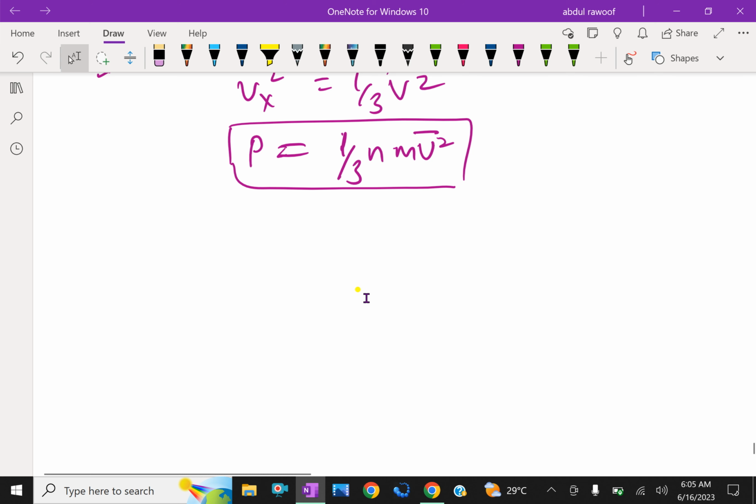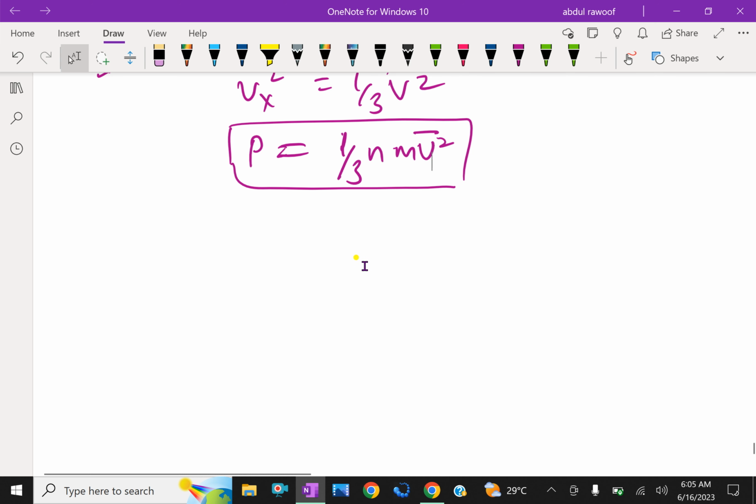Notice that both the area A and delta t do not appear in the final result. There is no area or volume in this formula. Therefore, for any shape, the average pressure is 1/3 n m V square.